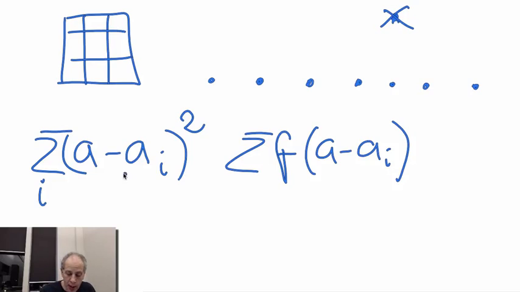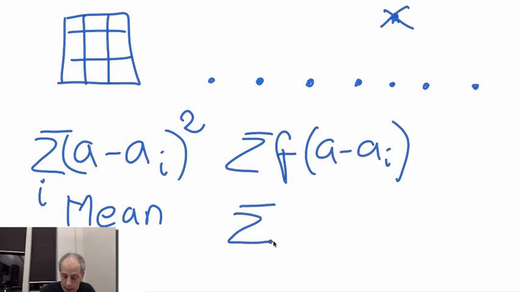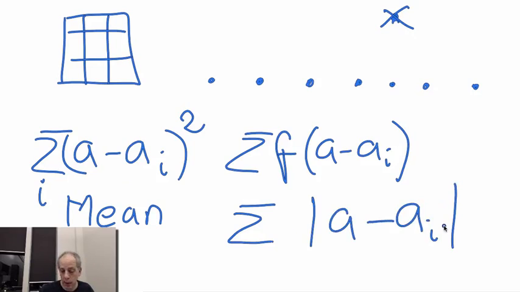Very interesting. This is the mean. The value of A that minimizes the square error is the mean. What's the median? The median is the value that minimizes the absolute error. There is no square here. It's just the absolute difference. It's extremely interesting that by replacing this square by basically nothing, just absolute value, we get the median.